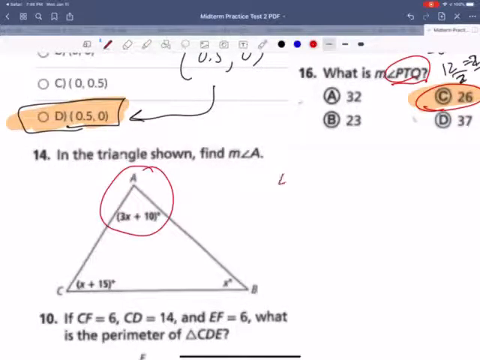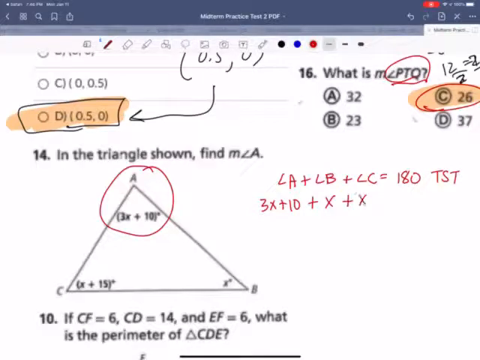Well, we know the triangle sum theorem states that all 3 angles should add up to 180. So if A is 3x plus 10, we can substitute, and B substitute, C substitute. Okay, so we have a lot of things to combine.